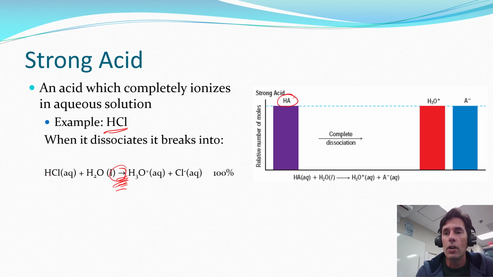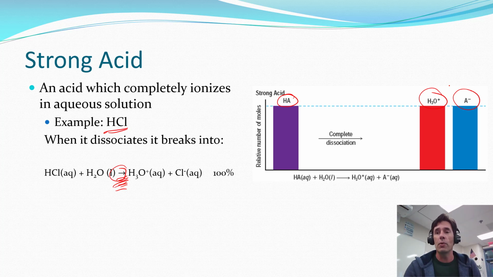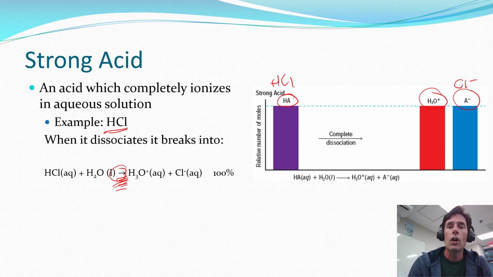Notice that it forms the hydronium and the conjugate of that, the Cl minus here. You notice that there is none of the other reactant remaining here, and so that, by definition, is a strong acid.